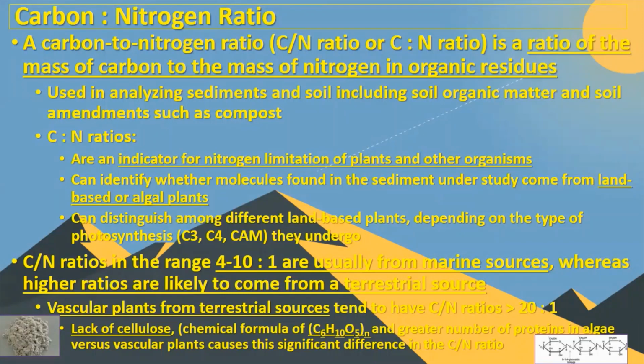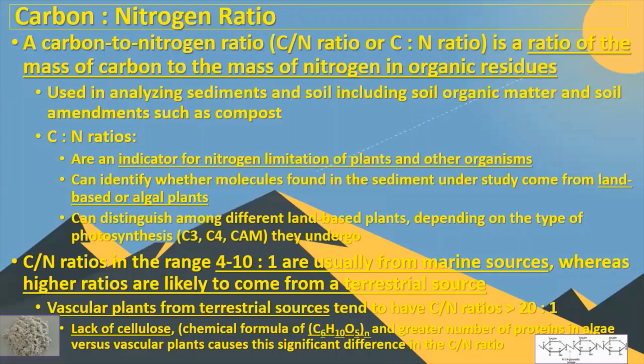The ratios in marine environments like plankton, for instance, are 4 to 10 in this range to 1. So it means 4 to 10 carbons to 1 nitrogen. But we're concerned where we live. Terrestrial forms have much higher ratios. So vascular plants have ratios of 20 to 1.